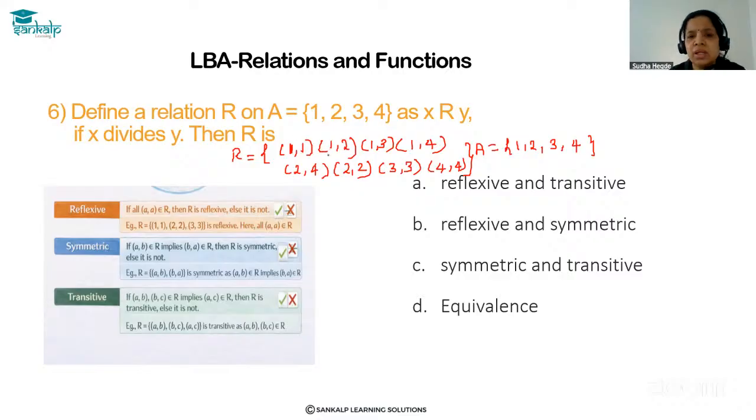Then you check whether it is reflexive, symmetric, transitive or not. So (1,1) belongs to R, (2,2) belongs to R, (3,3) belongs to R, (4,4) belongs to R. So for all a belonging to A, (a,a) belongs to R. Therefore, R is reflexive.